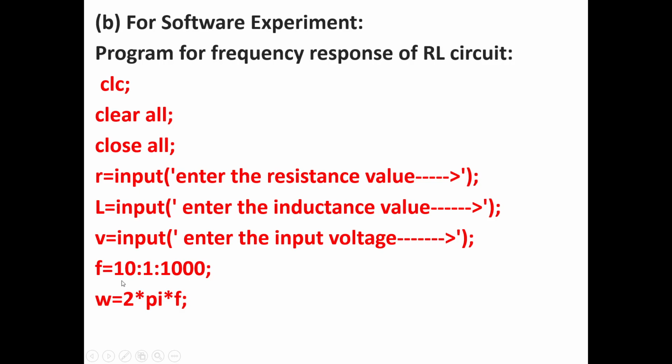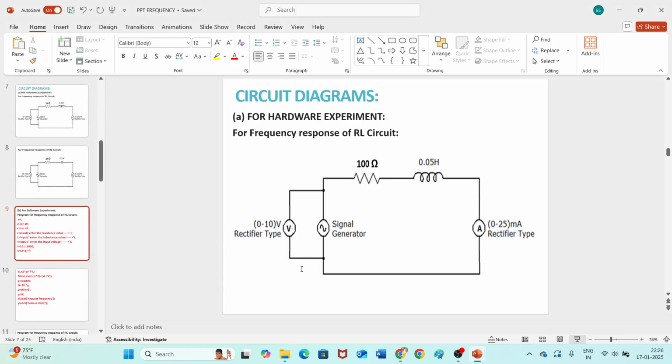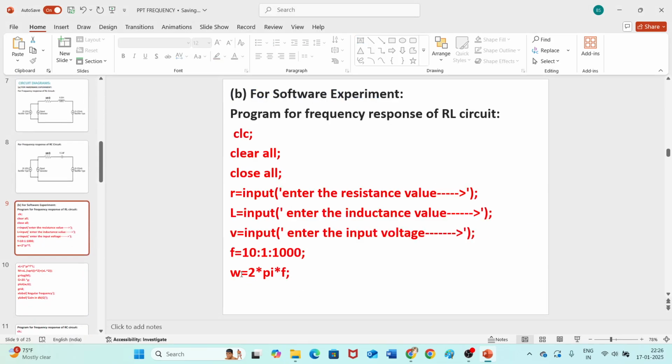So here our initial value of frequency is 10 and final value of frequency is 1000, and in steps of 1 we are going to vary the frequency from 10 to 1000, and omega is the angular frequency. If you want, you can write this as omega, but I have written it like this, it's okay.